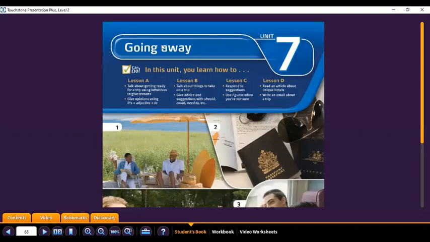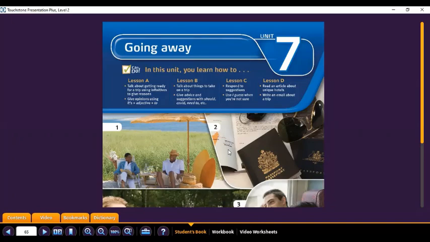Okay, vamos a iniciar. Today we're going to start with a new unit, unit 7. And this unit is called Going Away. Okay? In this unit, we are going to learn 4 main objectives.